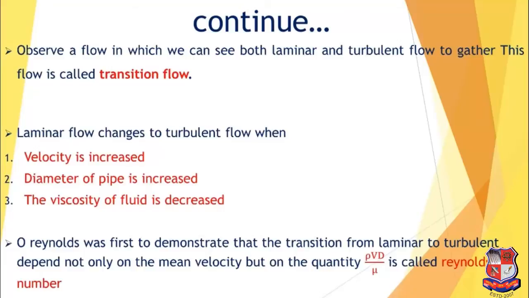Second is the diameter of the pipe. If you have a very small diameter of pipe and fluid is flowing through it, it will be a laminar flow. But if you increase the diameter gradually, or a sudden increase of diameter of the pipe, it will tend to make the flow turbulent.